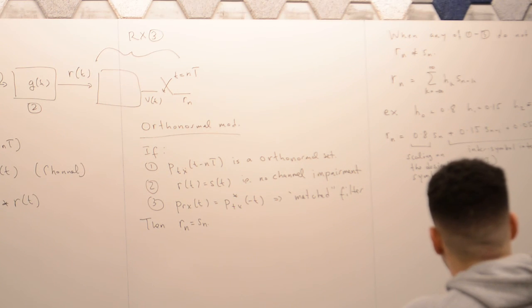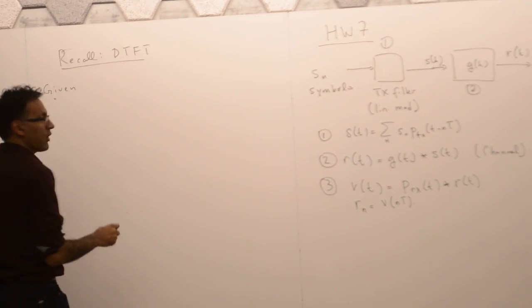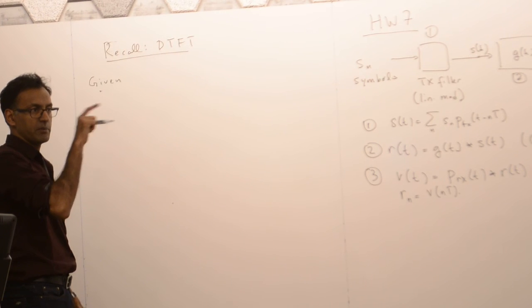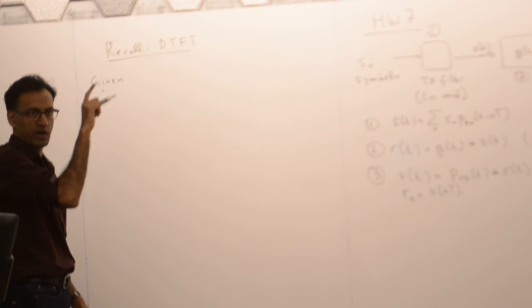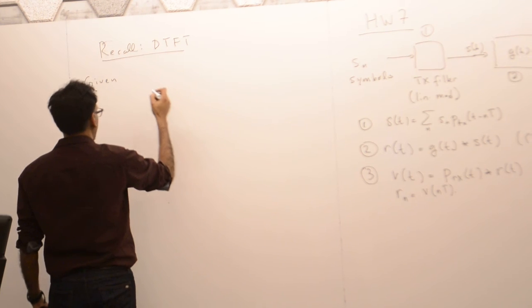Okay, so let's do a recap of the DTFT a little bit. We all know the Fourier transform, and we did this a little back in lecture 1, so let me just recap. And to be honest, I'm not great at this either.